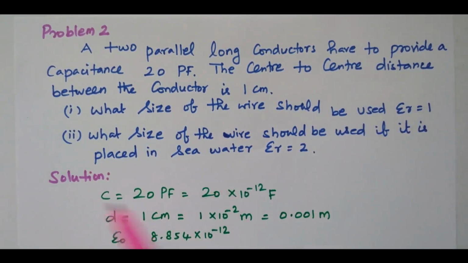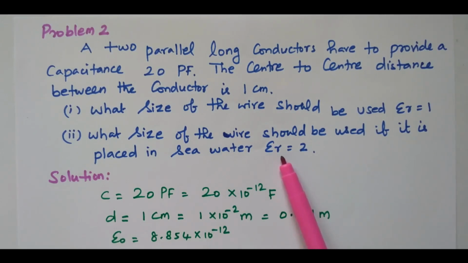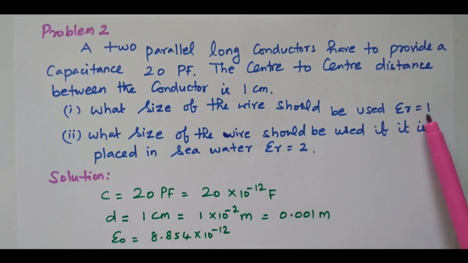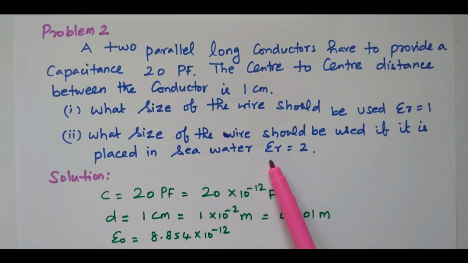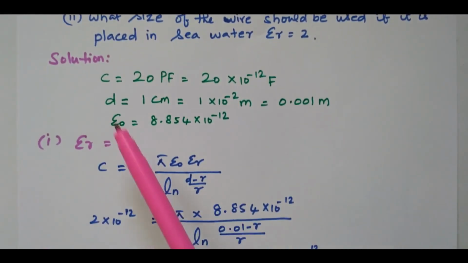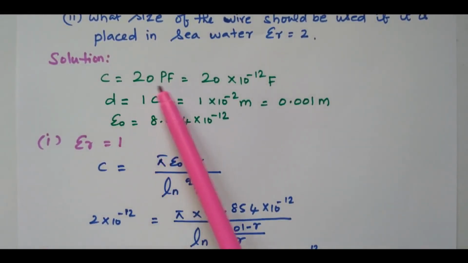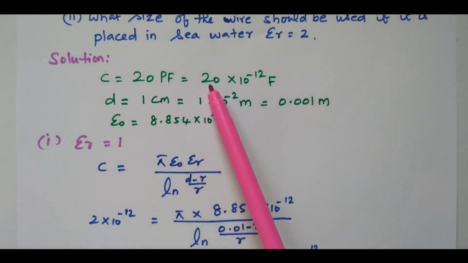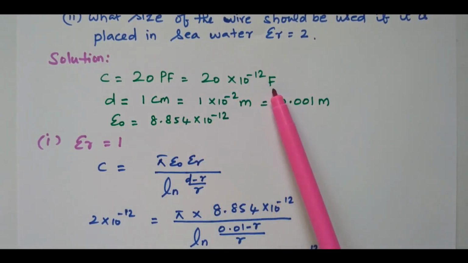In the second part, what size of wire should be used if the transmission line is placed in sea water? In that case, epsilon r equals 2. So the first case is epsilon r equals 1, and the second case is sea water, epsilon r equals 2. First we will write the data. We have the capacitance value 20 picofarad, which means 20 into 10 to the power minus 12 farad.